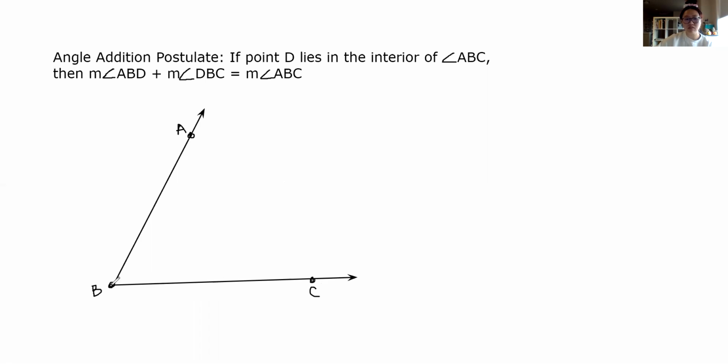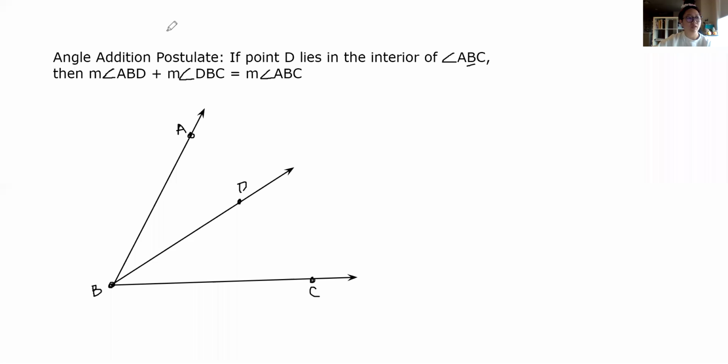Mainly noting also that I did not put A here because the middle letter of my angle, B, should be the vertex here in the middle. And it says if point D lies on the interior, so some point D here, we can create a ray that breaks up these angle pieces. Now we've created angles ABD and DBC.